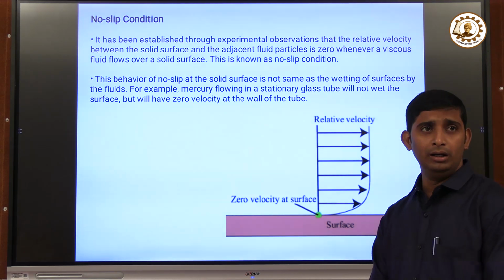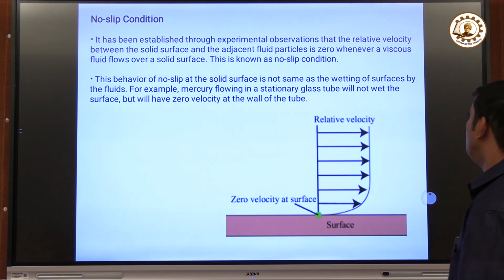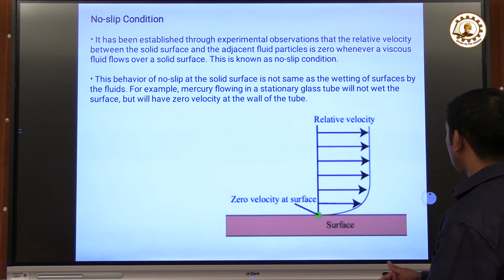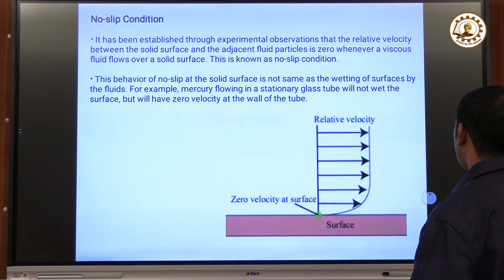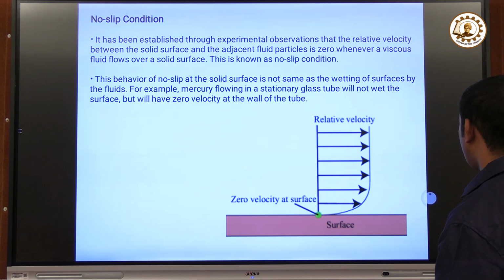You can also understand this by the figure. If you see, the velocity of the upper layer is more, then the adjacent layer has less velocity than the upper layer, and then the subsequent lower layer has less velocity.